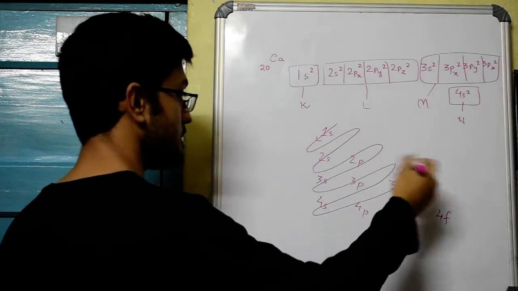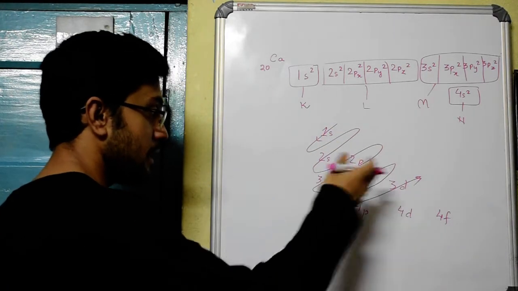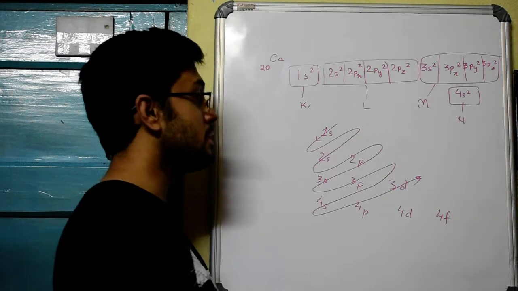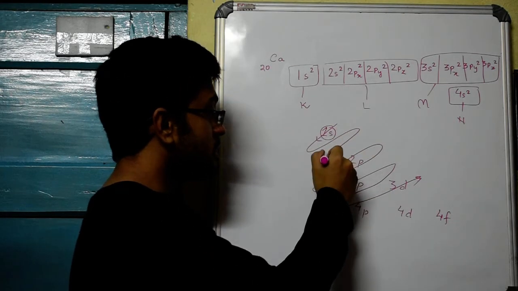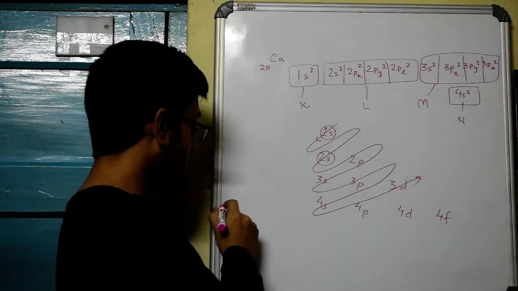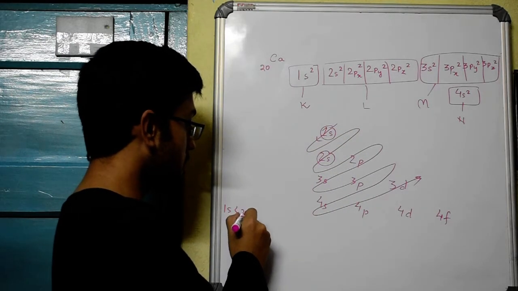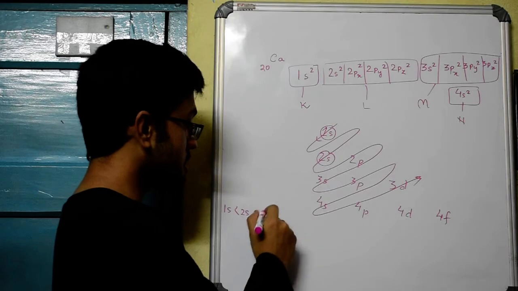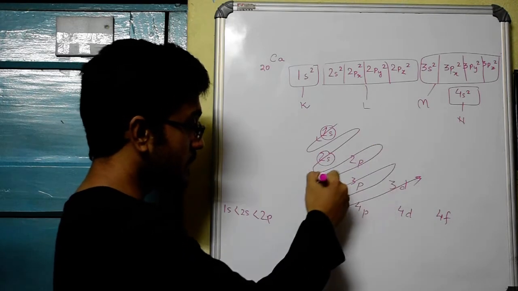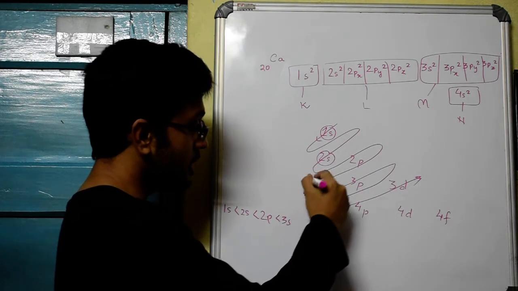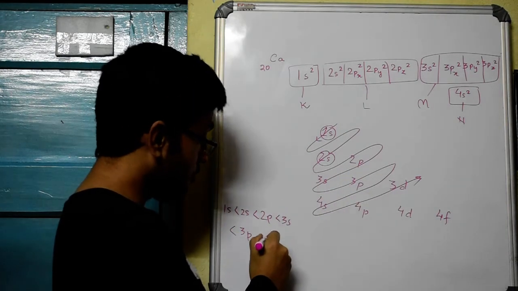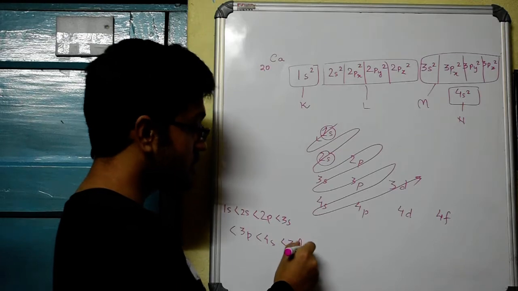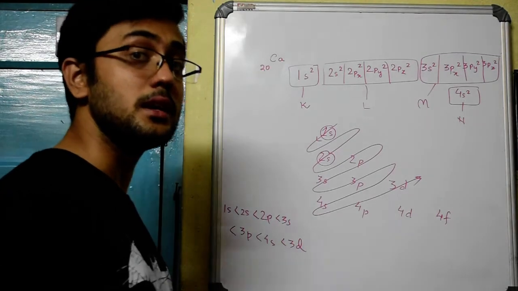If you look at this diagram, as the arrow advances, the energy increases. So 1s has the lowest energy, then the arrow touches 2s, then 2p, then it comes back and touches 3s, then 3p, then it touches 4s before it touches 3d.